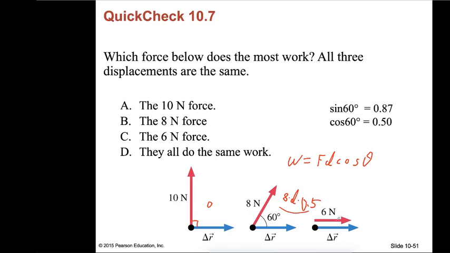And for this force, theta is 0, so you have F d. Cosine theta is 1, so F d means 6 times d. So which one is greater? 8 times 0.5 times d, or 6 times d. So the last one is greater.